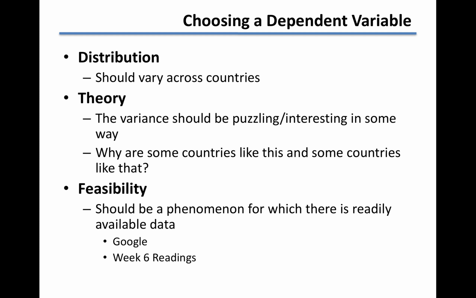And then in that first page of hits, you'll see pretty readily whether there are country-level data sets on that concept, which I can tell you for democratization, there certainly are. You can also take a look ahead at the week 6 readings, which include several links for commonly used country-level data sets in international relations.